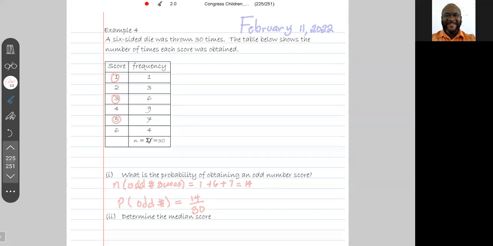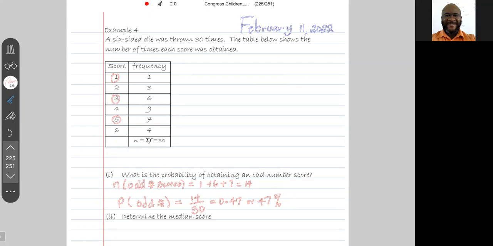So 14 divided by 30 is 0.47, or 47%. So the probability of obtaining an odd number score from rolling the die 30 times is 47%.